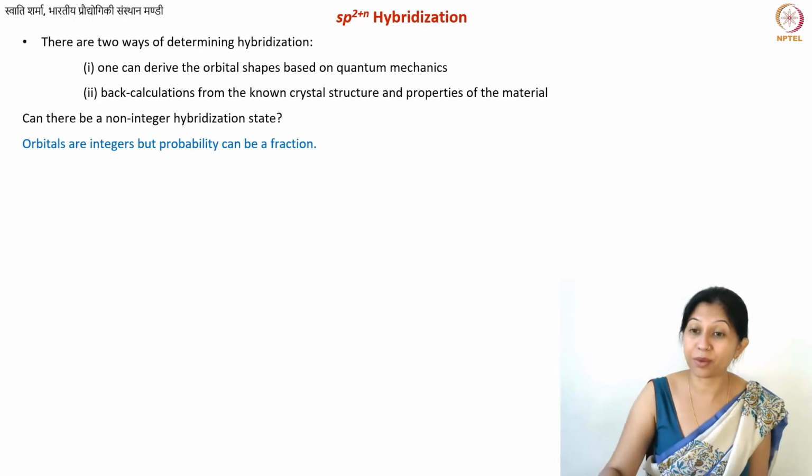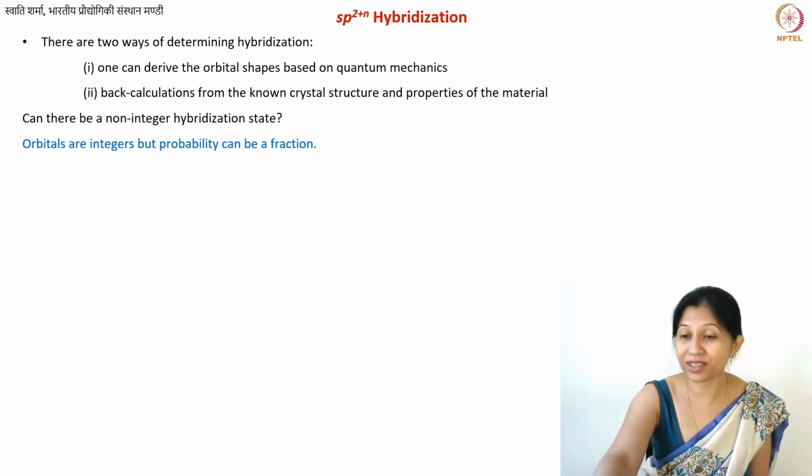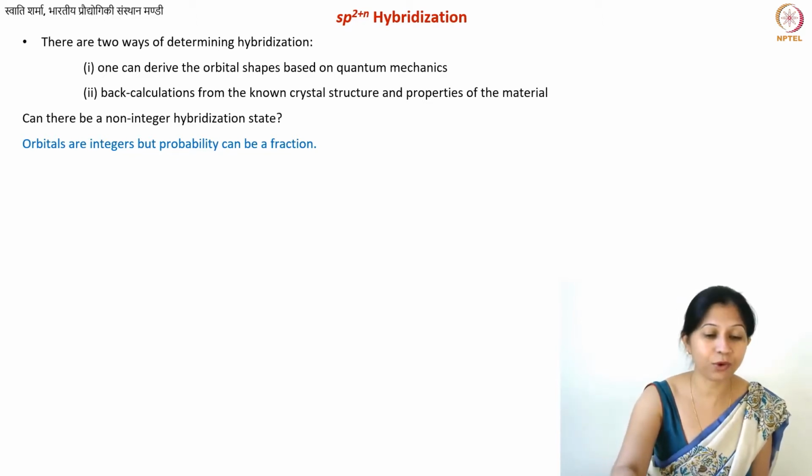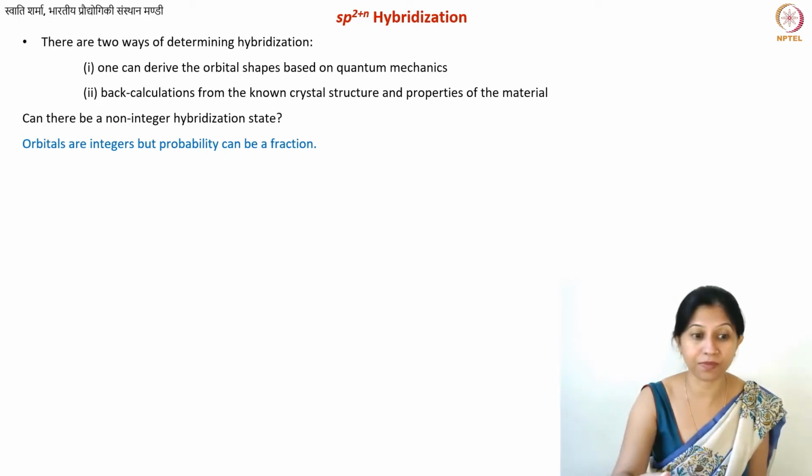In that case, the probability will be less than 1. That probability will be then not an integer number. And that is how you can get these fractional probabilities and therefore fractional hybridization states. So that would be the quantum mechanical approach based on this idea.